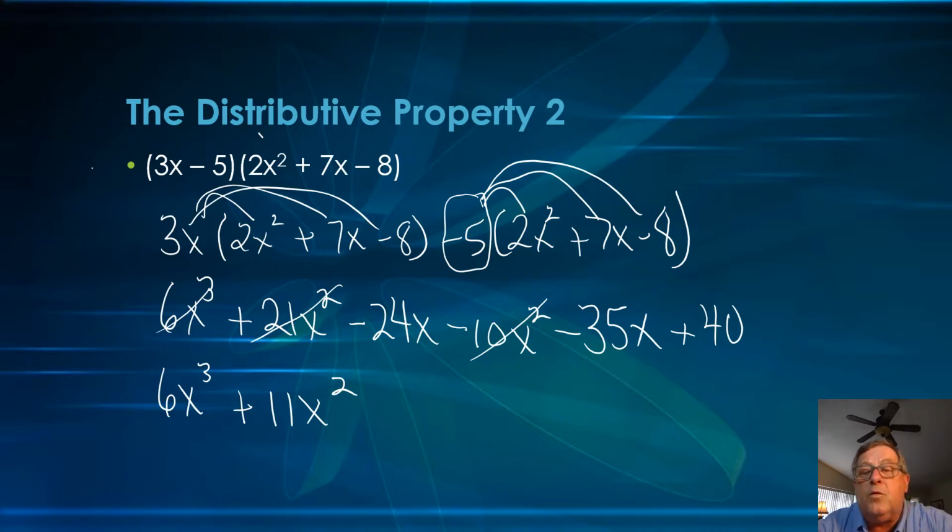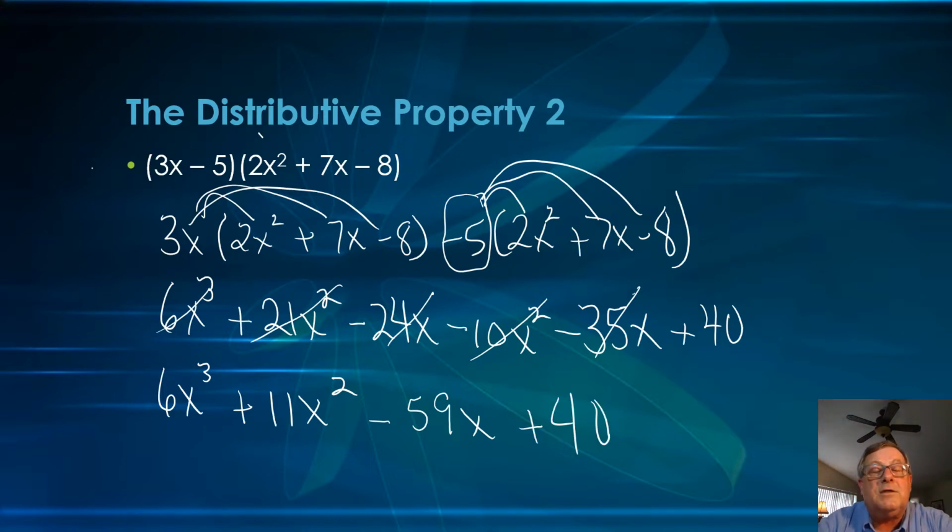And then we've got negative 24x and negative 35x. Well, that's going to be negative 59x. And then that just leaves me with the constant of positive 40. And Shazam, there we go. That's 3x minus 5 times 2x squared plus 7x minus 8.